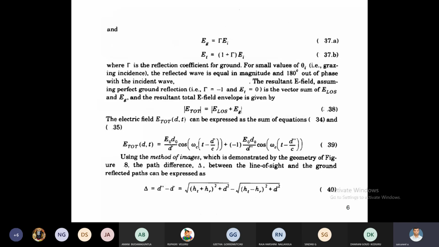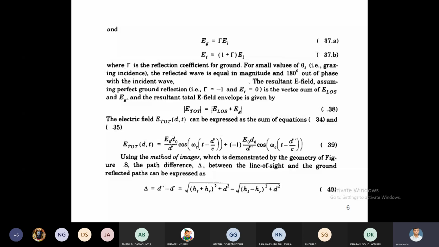Then we get E of d comma t equal to E naught d naught by d dash cos of omega c t minus d dash by c, plus the reflection coefficient. What is the reflection coefficient here? -1 times E naught d naught by d double dash cos of omega c t minus d double dash by c. Now we have to simplify this equation number 39 by using the method of images.